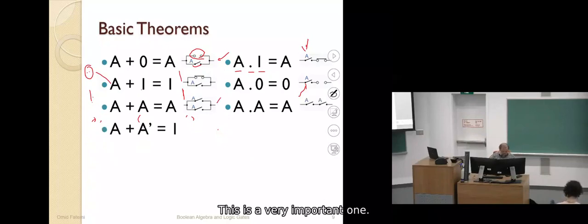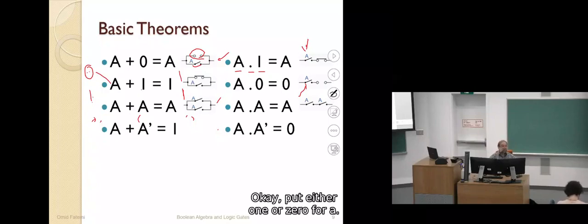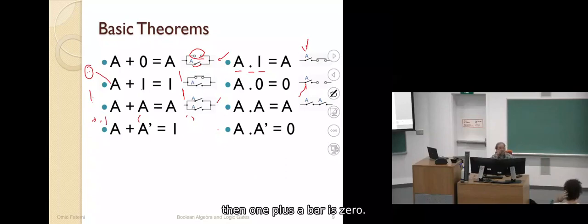And this is a very important one. A plus A bar, it means A plus not A is 1, and A times not A is 0. How do we show that? Put either 1 or 0 for A. If A is 1, then A bar is 0, so 1 plus 0 is 1. If A is 0, A bar is 1, so 0 plus 1 is 1.